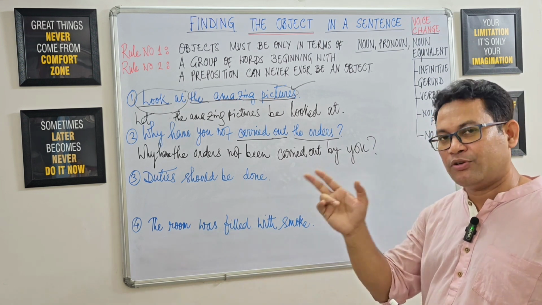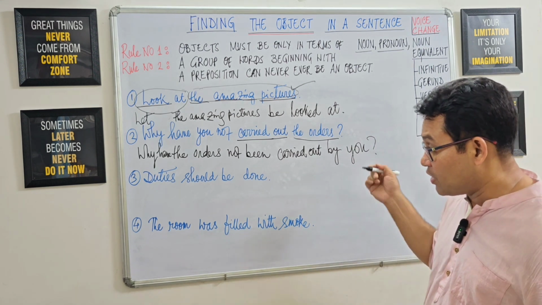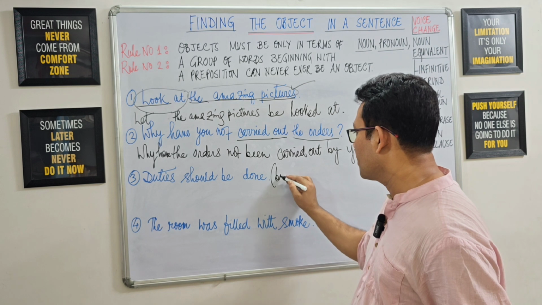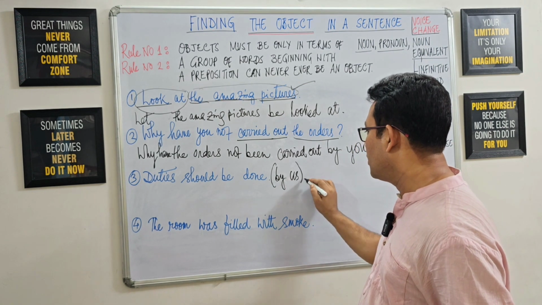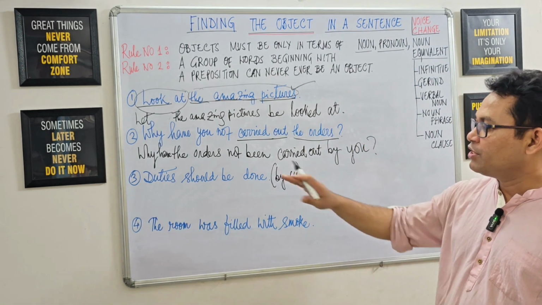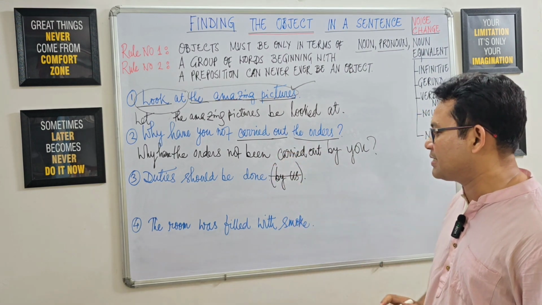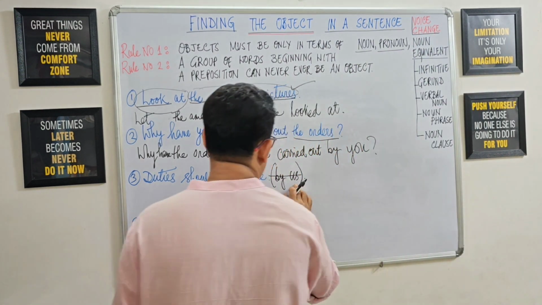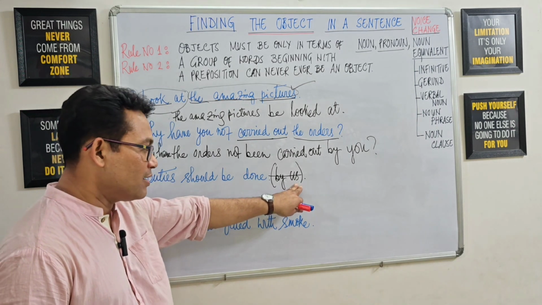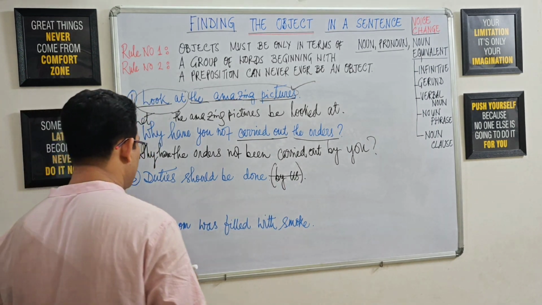So this sentence is applicable to all. That's why we can provide over here by us. So duty should be done by us. So by us is not needed, but it is there all the same. So now we have got the object us, which is to be brought in at the very beginning.